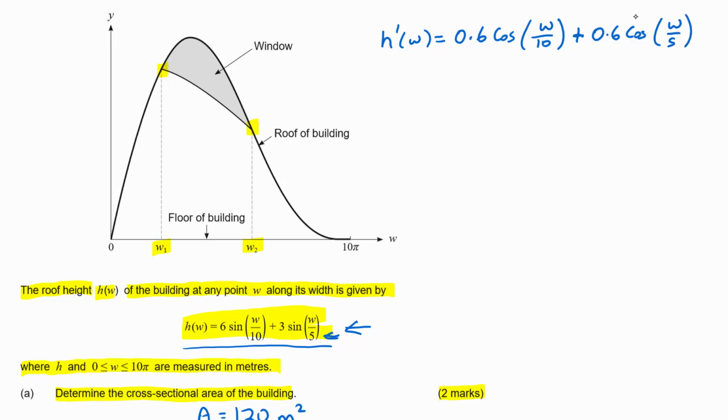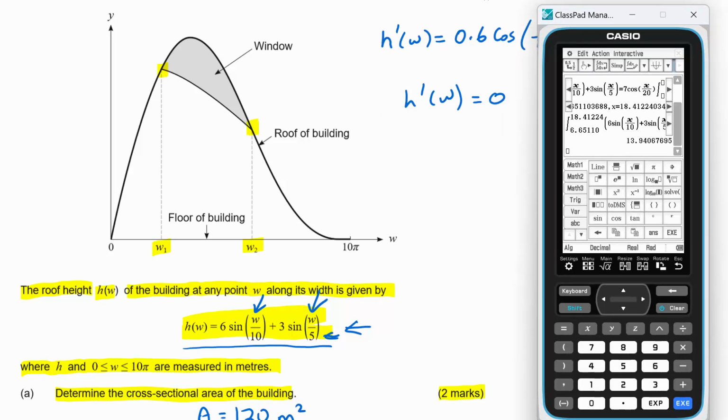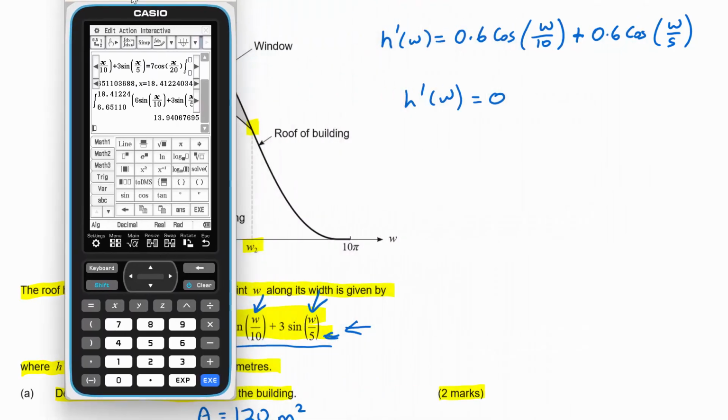Remember, the arguments don't change, so those are going to stay the same. And we want that to be equal to 0. So we can once again just solve this on the calculator. And in actual fact, we've got our function just here, the 6 sine x over 10 plus 3 cos x over 5.